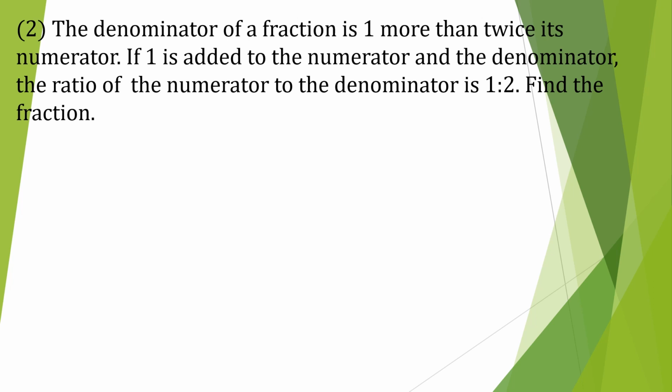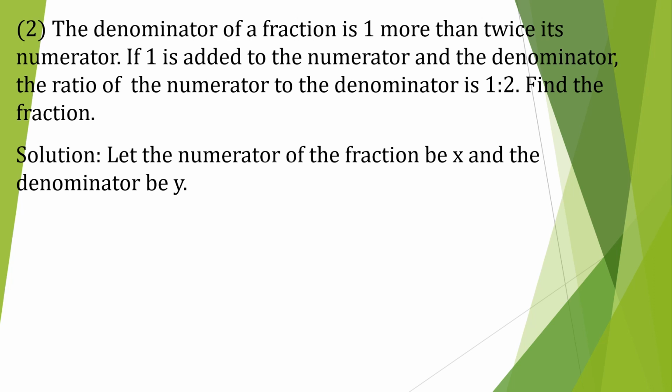Okay, first let's assign variables to the numerator and denominator. Let the numerator of the fraction be x and denominator be y. Then the required fraction, you know how a fraction is written, numerator upon denominator, is x upon y.